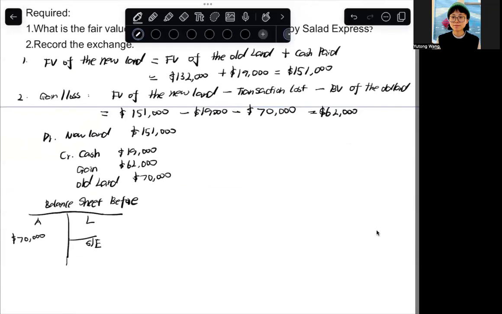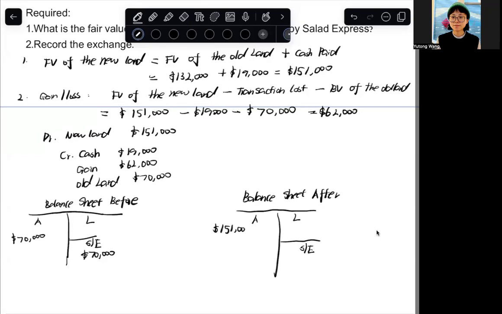And let's assume it's from shareholders' equity. And then let's look at the balance sheet after this transaction. The old land will be removed, and we get a new land. So there is 151,000. That's for the new land.